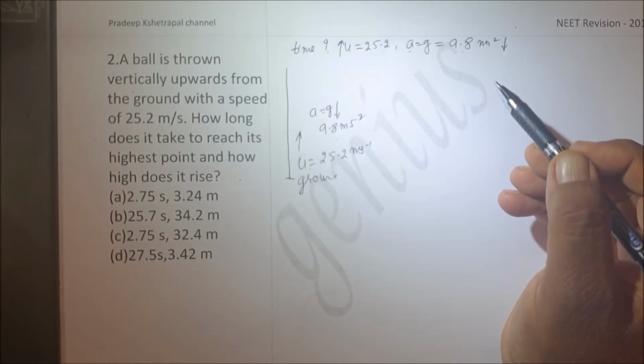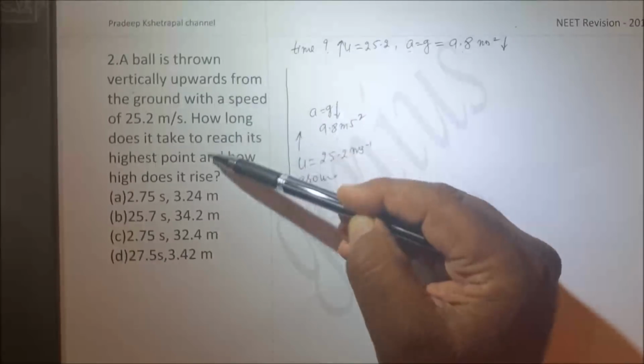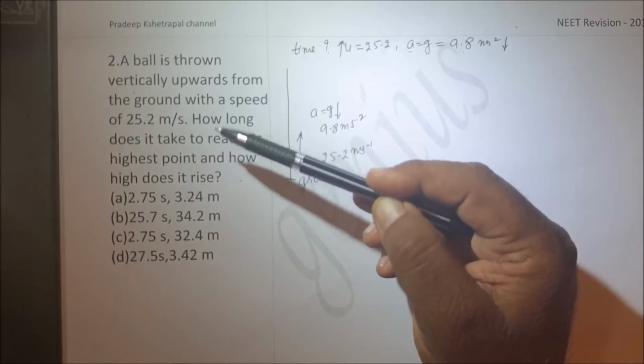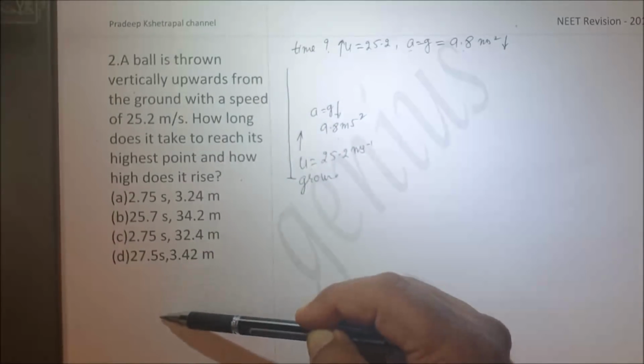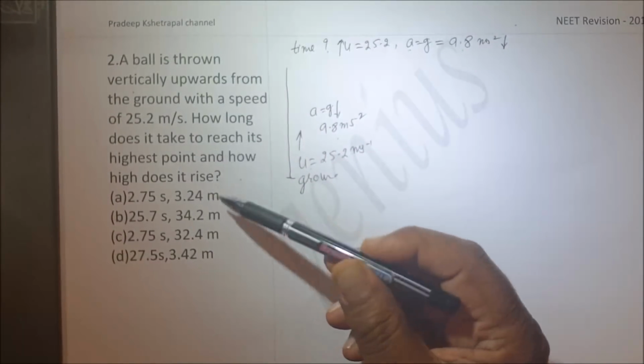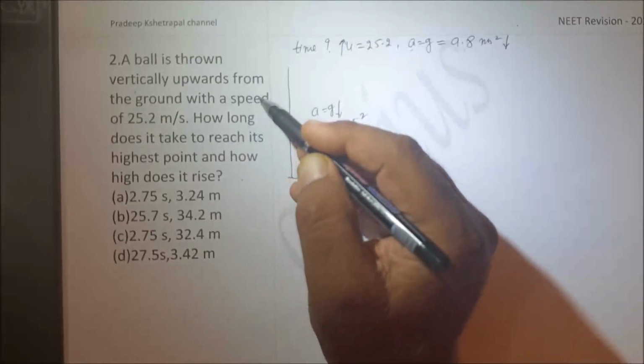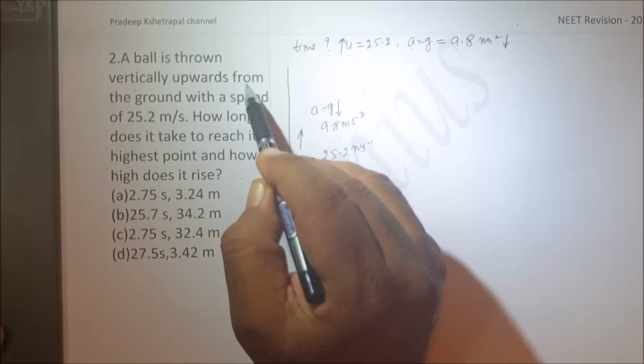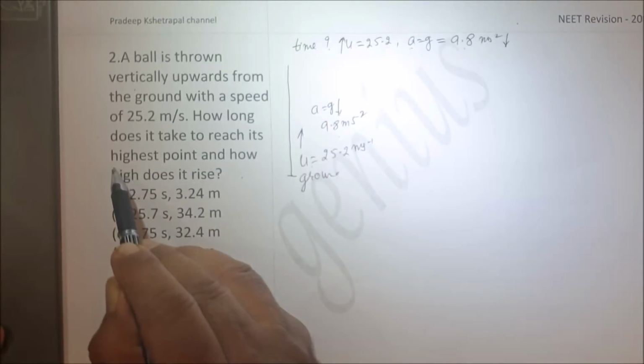For an equation we need a fourth quantity. The fourth quantity is not given here, but it is hiding somewhere which we are supposed to find out. How to find out that fourth quantity? It is hiding behind the words. Please see here: vertically upward, to reach its highest point.